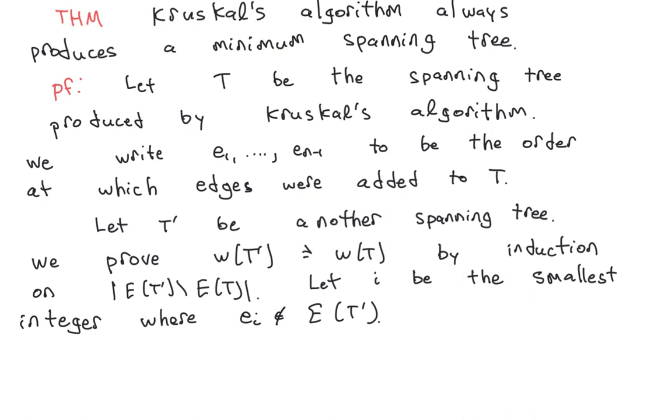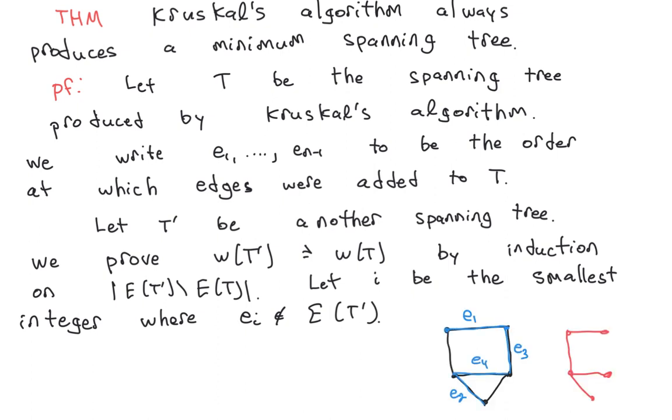And this proof is going to be on induction on the number of edges in T' that are not in T. Note that we're skipping the base case, so we're assuming that there are edges in T' that aren't in T. Since both sets have the same number of edges, that also means that there have to be edges in T that aren't in T'. And so we're going to let i be the smallest integer where e_i was not in T'.